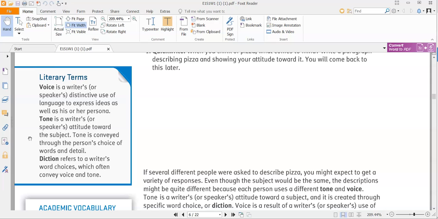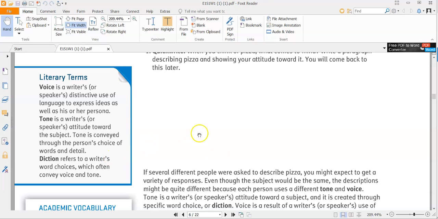So diction just means word choice. Think of the word dictionary, okay? Dictionary is full of words, right? So diction is like the first part of that word, dictionary, diction. So you know that when it's talking about diction, it's talking about word choice, just like how a dictionary has plenty of words to choose from, okay?